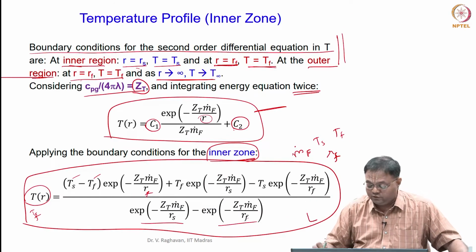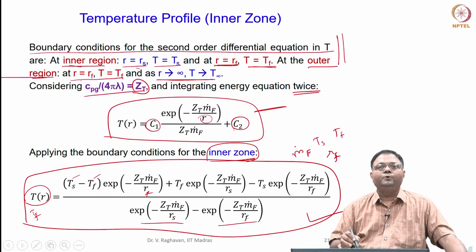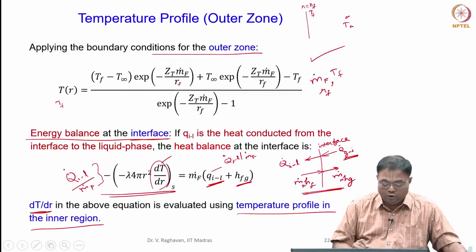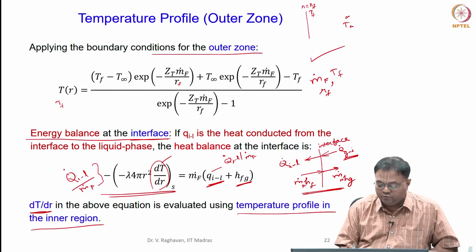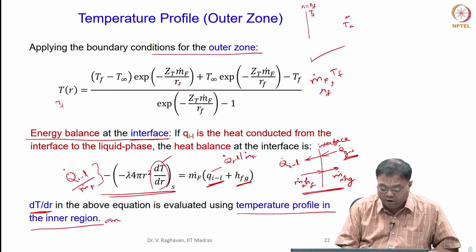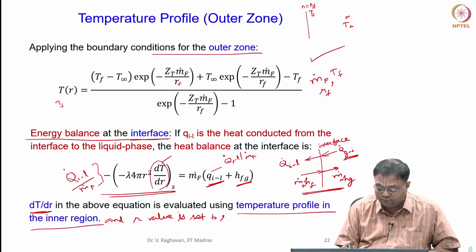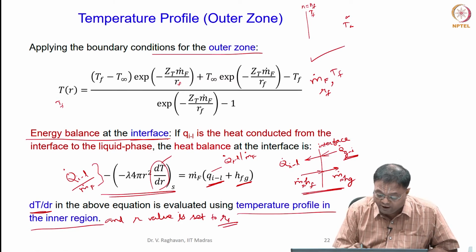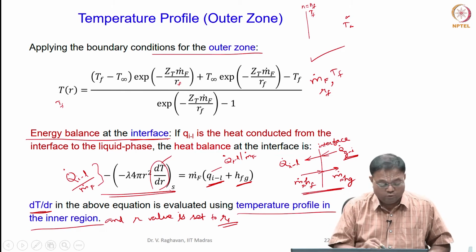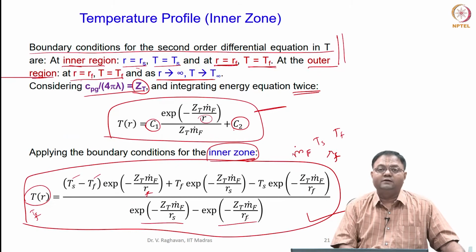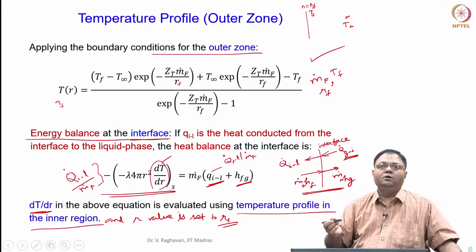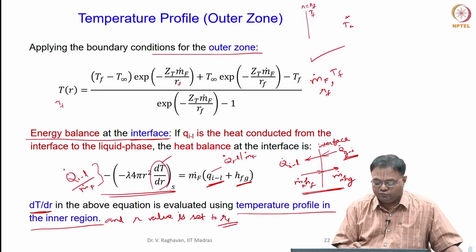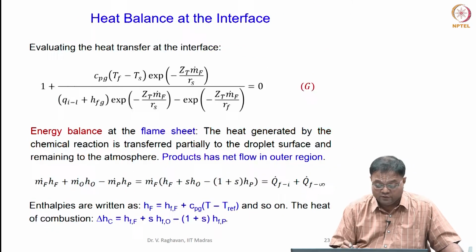So I take this equation, differentiate it with respect to r, and get dT by dr, evaluated at r equal to r_s, because I want the derivative at the surface. There will be r terms, and that r you set as r_s. Substitute back here and try to get an equation. That is what we are trying to do.